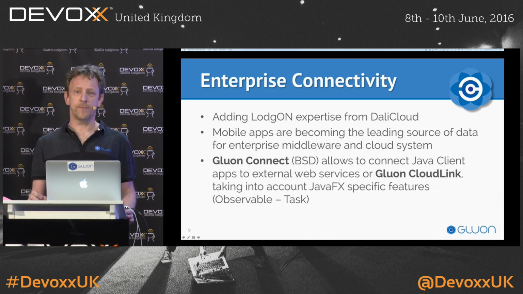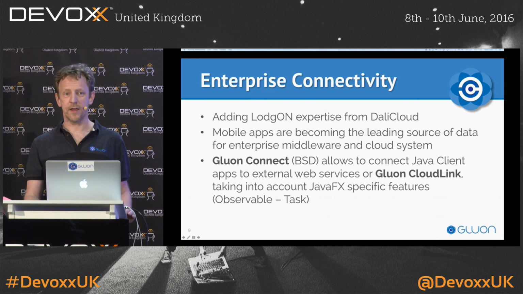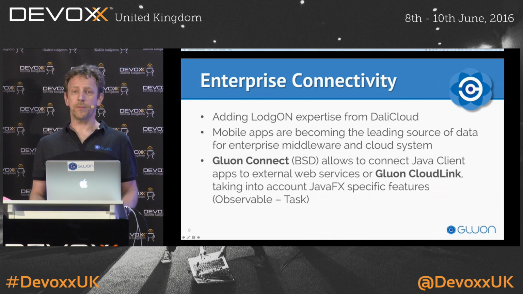The Gluon Connect APIs that you use on the client provide the enterprise functionality, but in a mobile-friendly way, because while you typically can run enterprise session beans on a Java client application, it is not recommended.